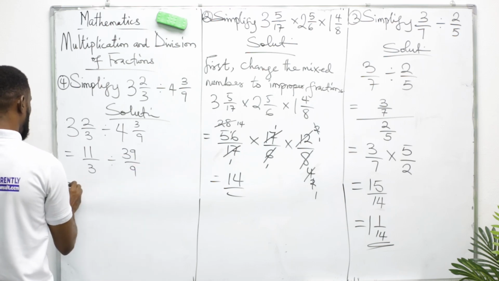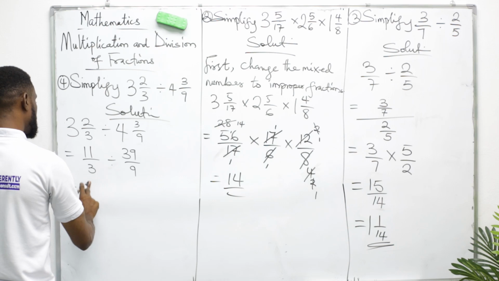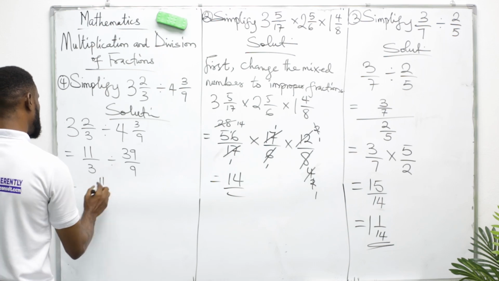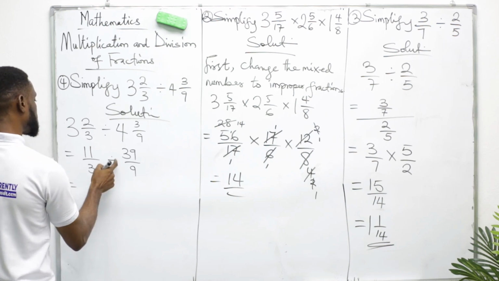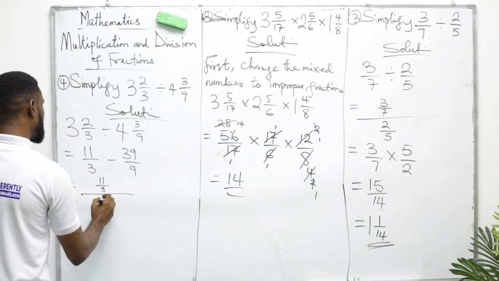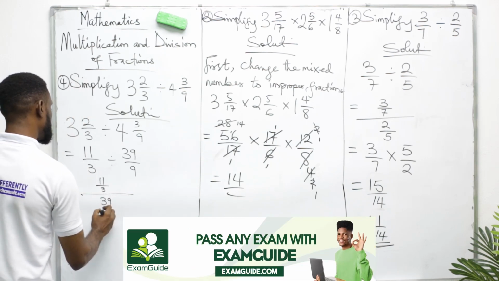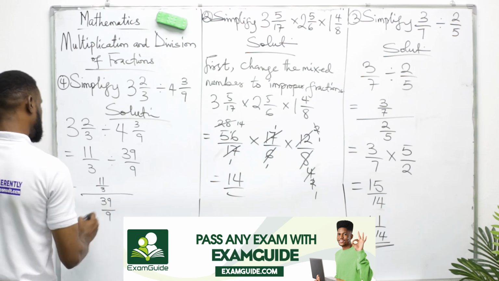So we have 11 over 3, this division, divided by 39 over 9.